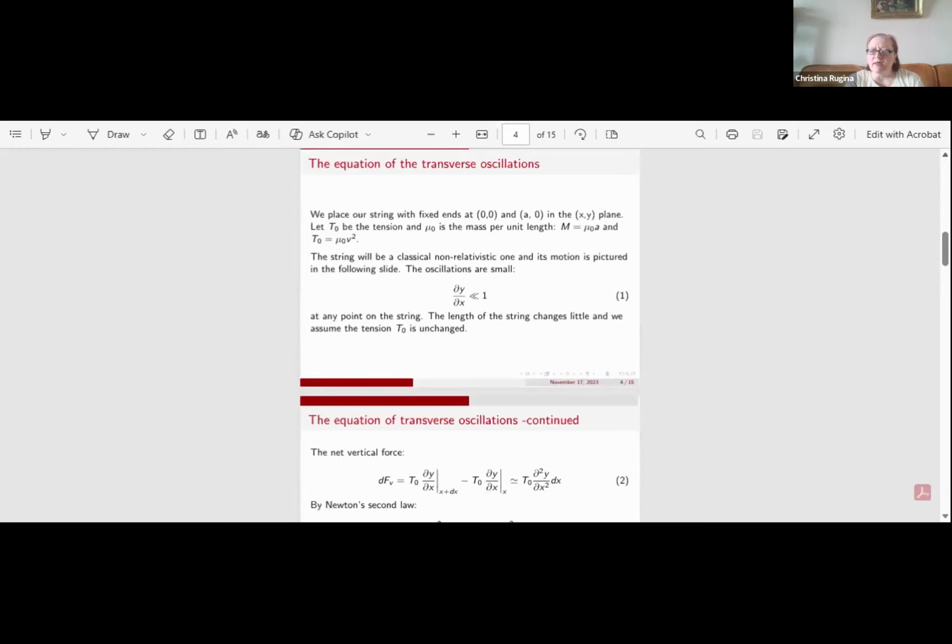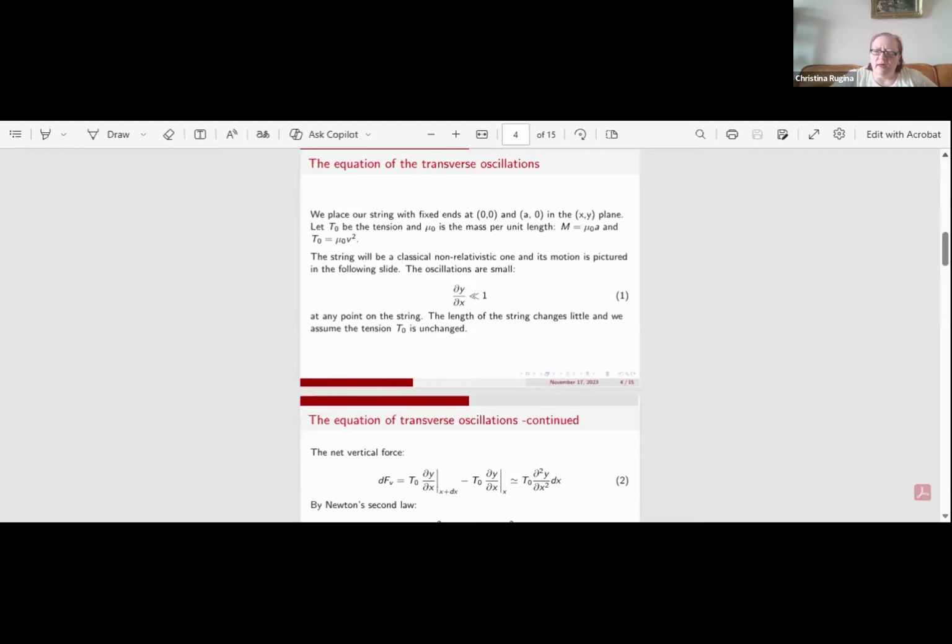And we'll do that strictly in a classical view. We will equate the force with mass times acceleration. That's Newton's second principle. So we will use that to derive the equation of the oscillations, which is, incidentally, I can tell you up front, the wave equation.